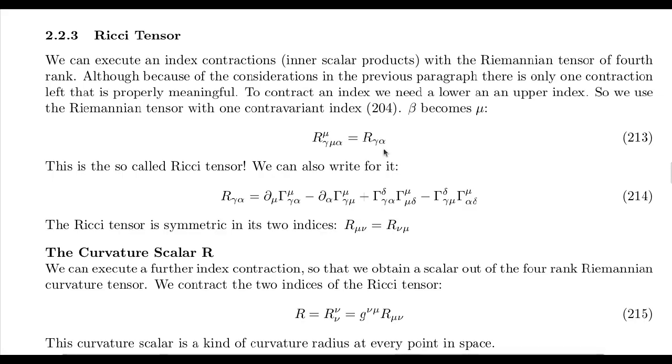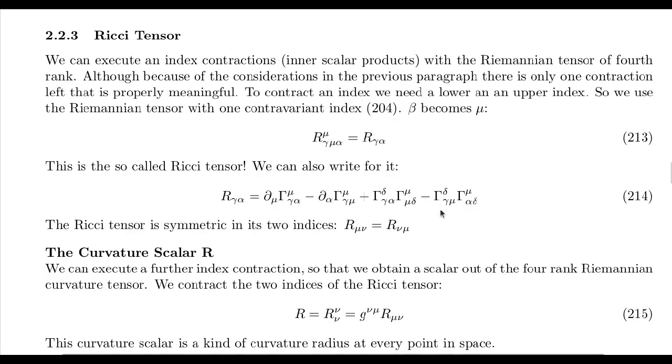And we can write for the Ricci tensor this. That is the definition for the Riemannian tensor, but we have exchanged an index. So that means we have here in each addend an upper and a lower mu.